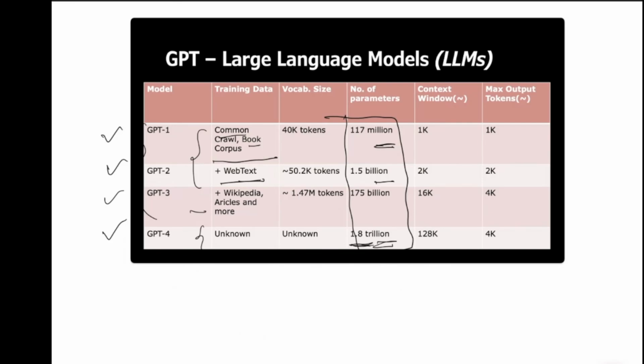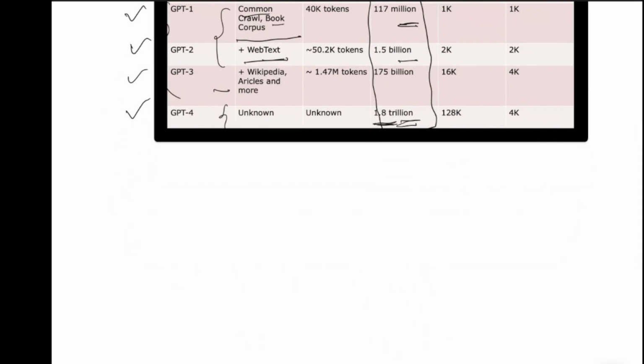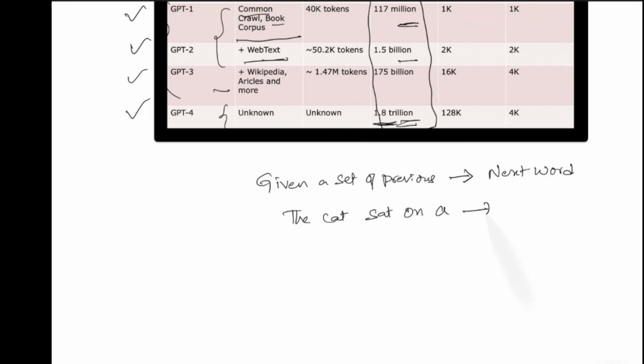So let's talk a bit about their evolution. At the very heart of it, for the language model, it's all about generating the next word. Given a set of previous words, the task is to just generate the next word. An example could be: the cat sat on a, and what is the next word? Any guesses?